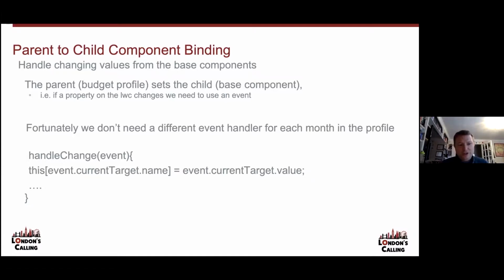So in the square brackets, event.currentTarget.name will get us the name of the input, and providing that we've named that correctly and it's the same as the property on the parent component, we can then set the value to event.currentTarget.value, and that will tell the parent that the value has changed.